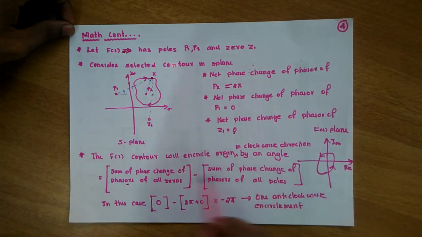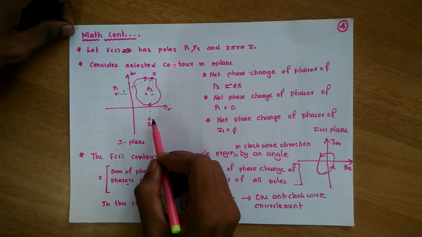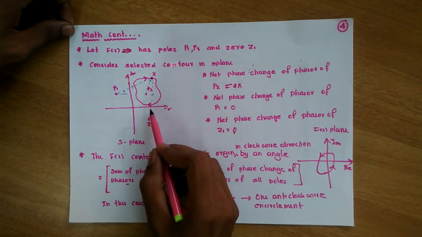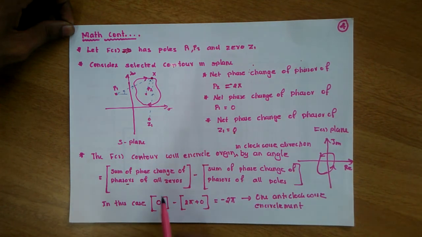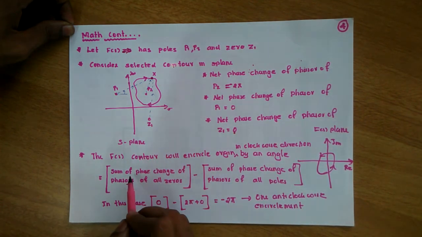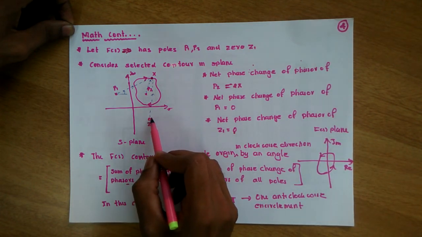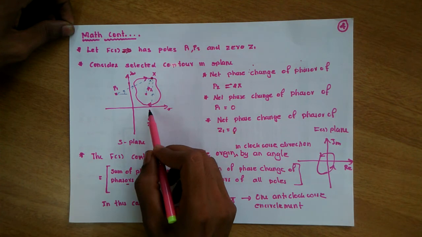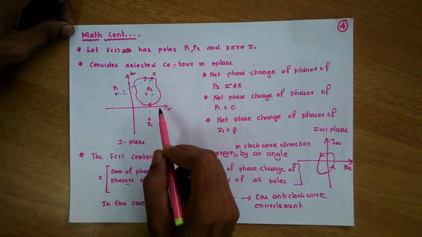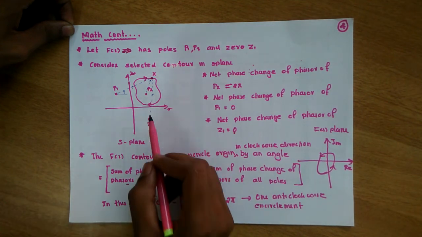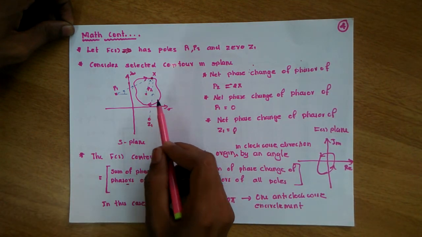That means here I have only one zero, and the net phase change of the phasor of this zero is 0 degree. So the sum of phase change of phasors of all zeros will be 0, because I have only one zero over here, and the phasor of this zero rotates only 0 degree.